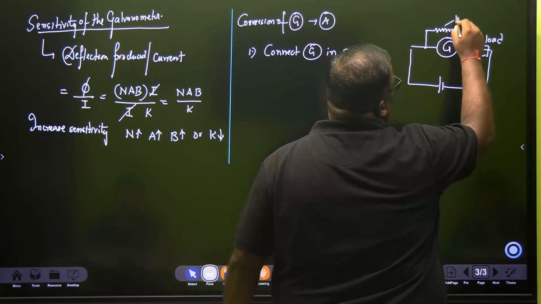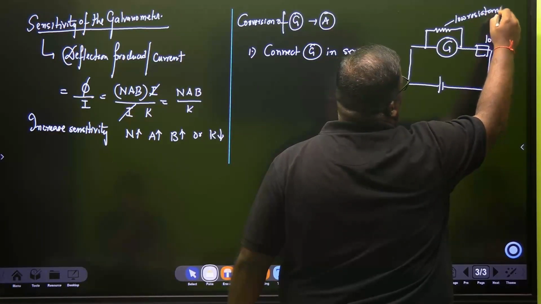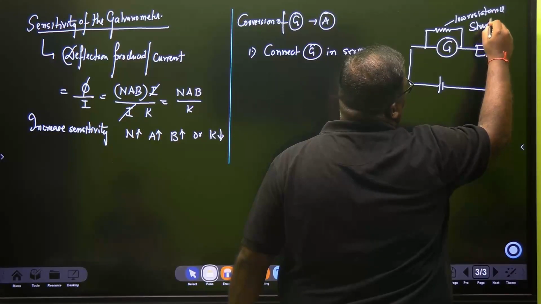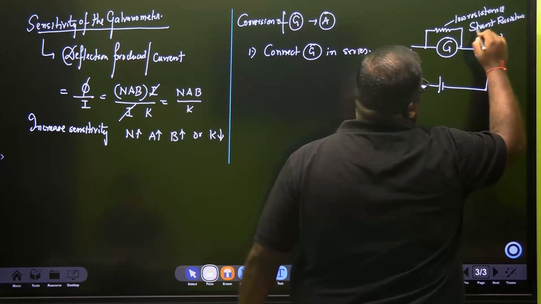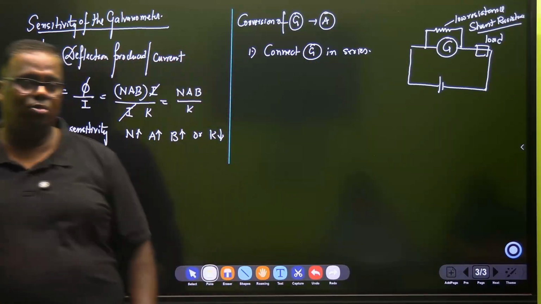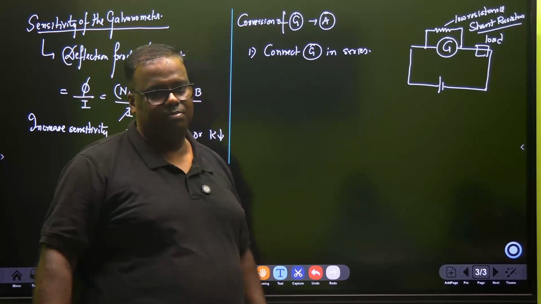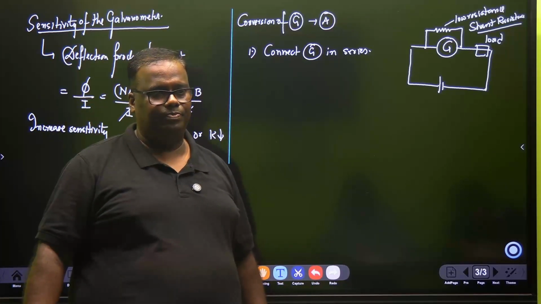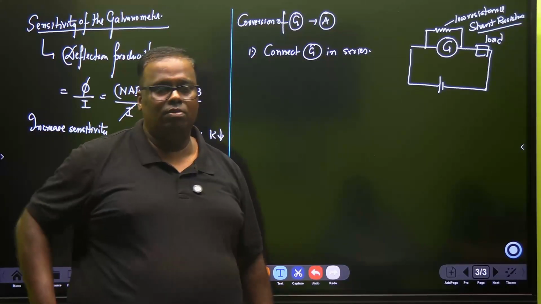This is a low resistance, and this resistance is called a shunt resistance. You can write: a shunt is a low resistance connected in parallel with a galvanometer when you want to convert it to an ammeter.